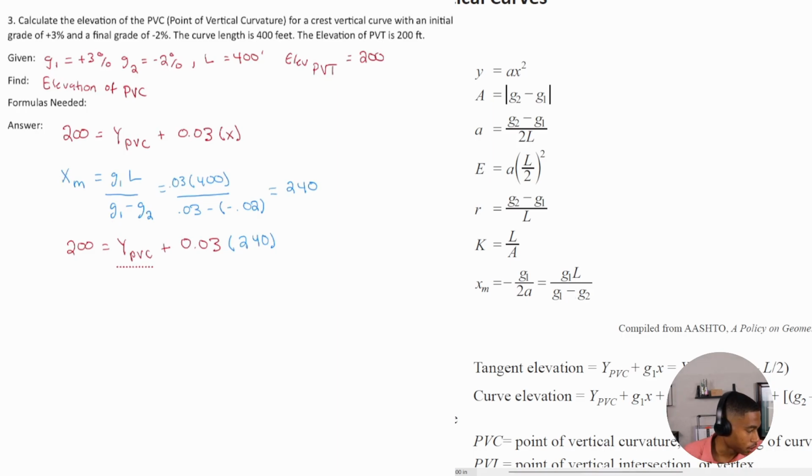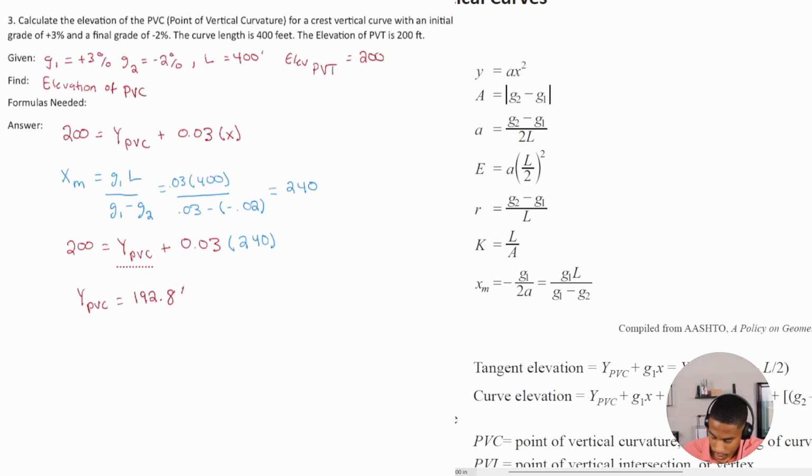And for your elevation at PVC, you should get 192.8 feet.